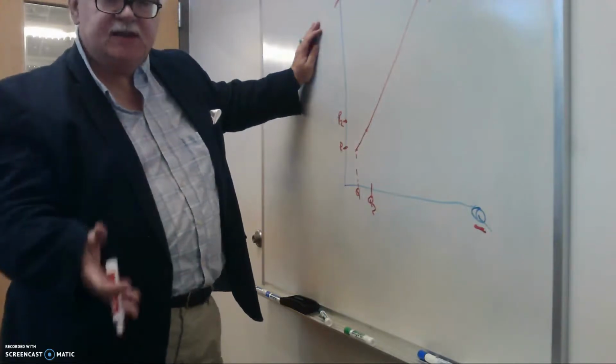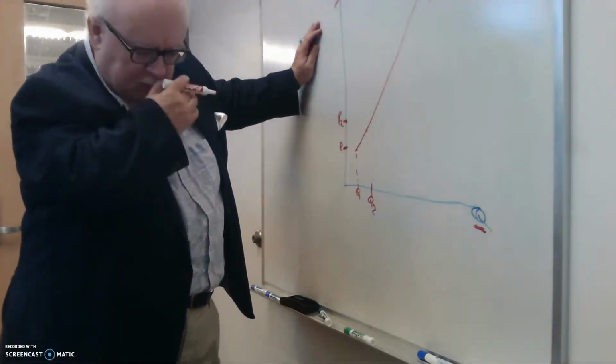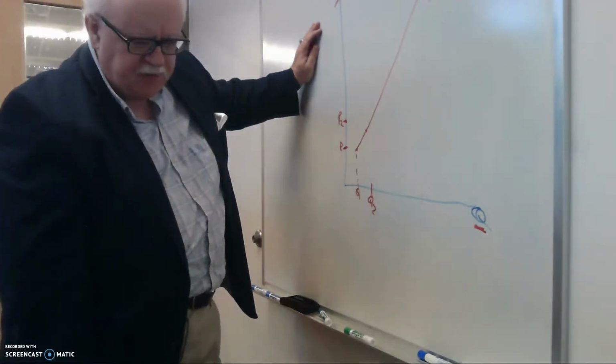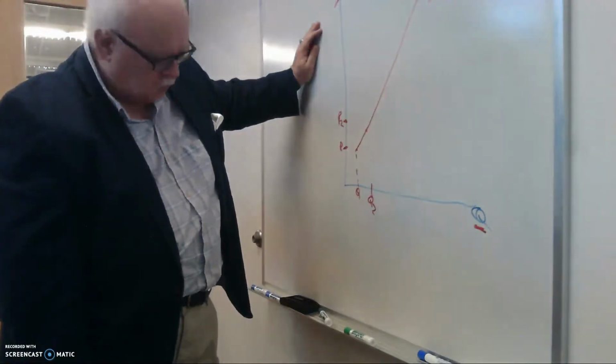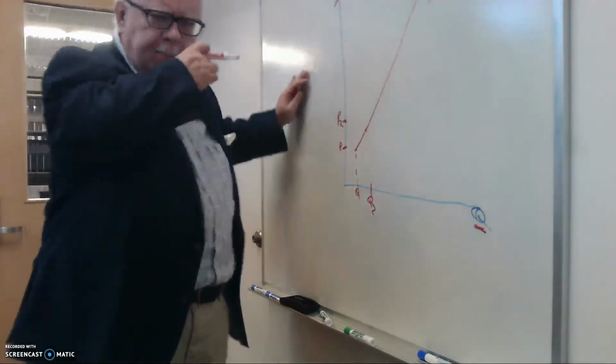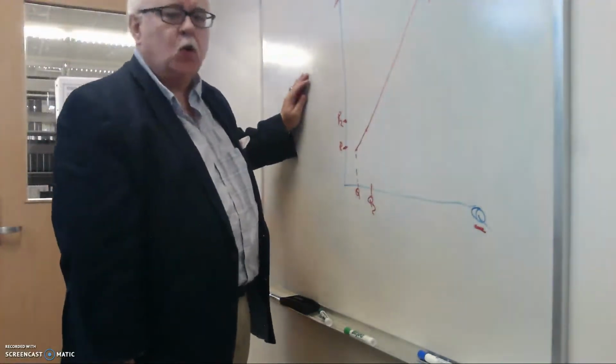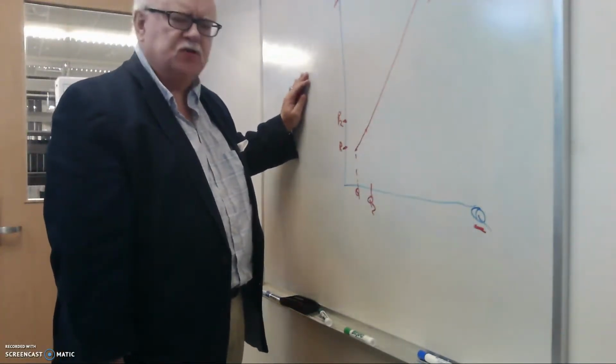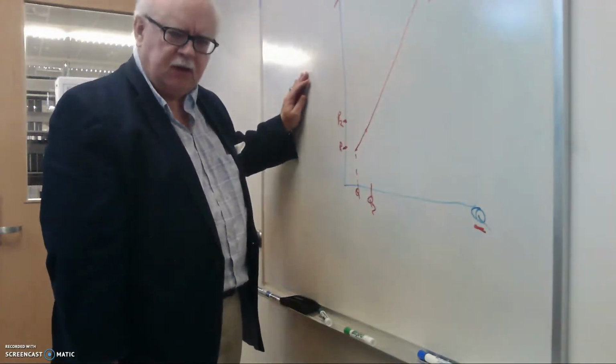But anyway, one example of the supply curve moving around would happen when oil prices change. Because oil is the basis of so many products we buy.